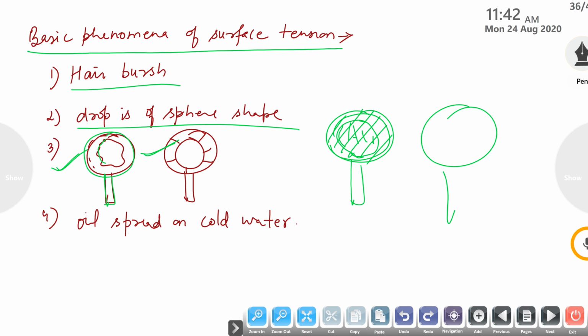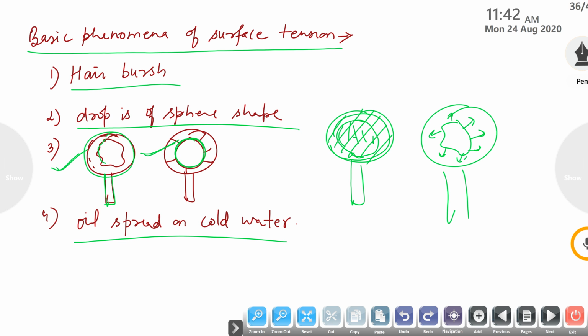So this thread will try to move in the outward direction, and it will take the shape of a circle. So it will become a circular shape.